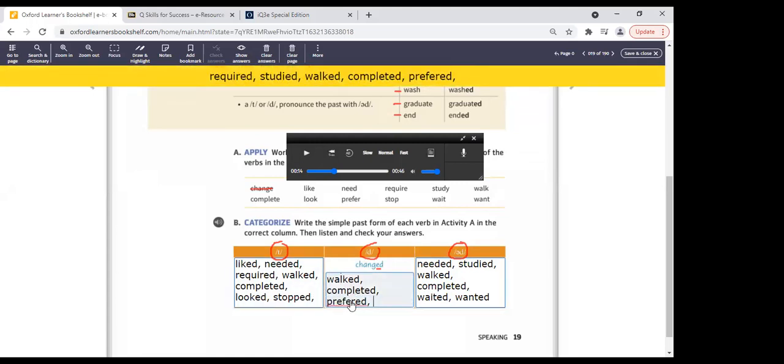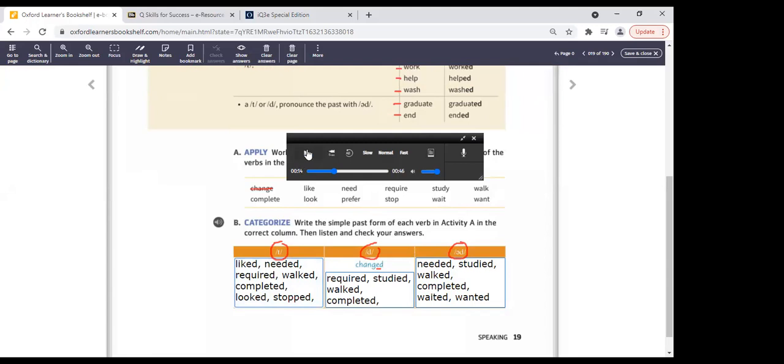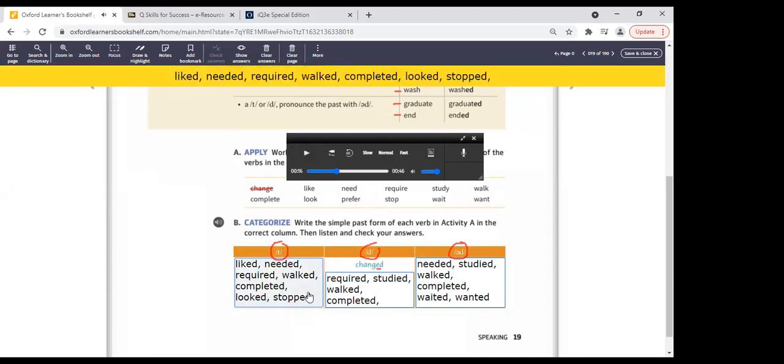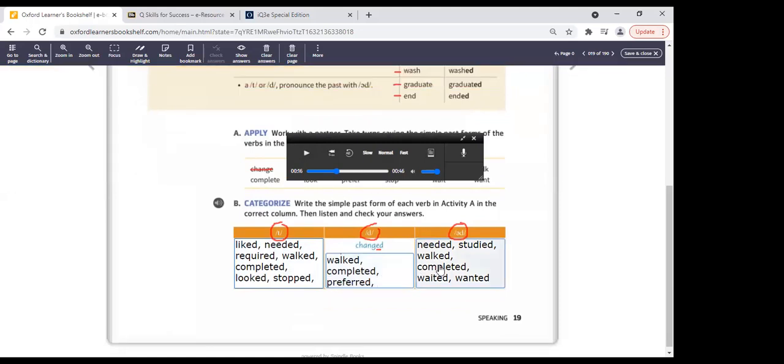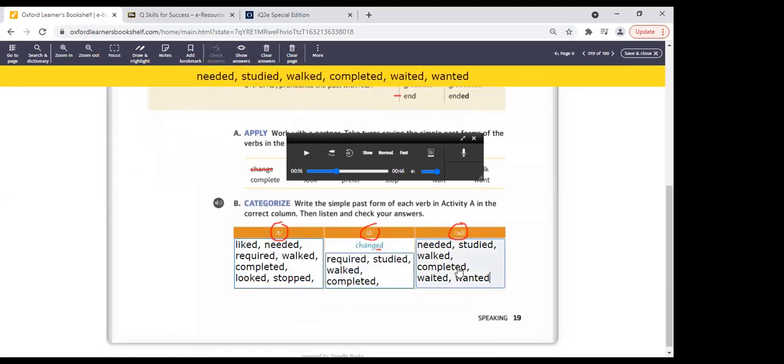Okay, did we have look here as well or no? And he says stop. No. Okay, so looked was with it. Stopped. Also T. Yeah. Did we have any here? No. Well, we got this one correct then. Stopped, we got correct.